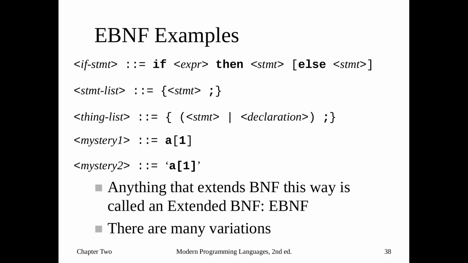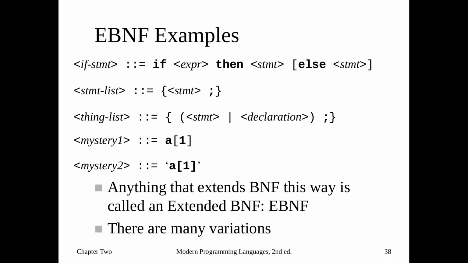So now if we were to look at this, we can ask ourselves, okay, what's going on here? Well, if we're creating this if statement, we say if, and then an expression, then the keyword then, and then a statement, and then optional, with the square brackets, the else keyword and a statement.